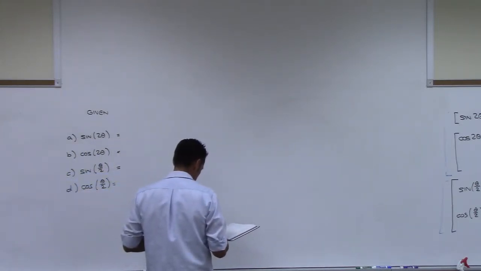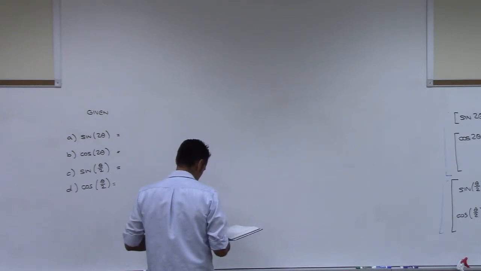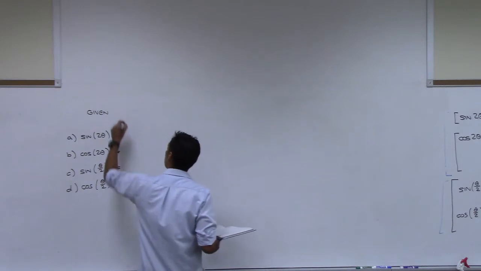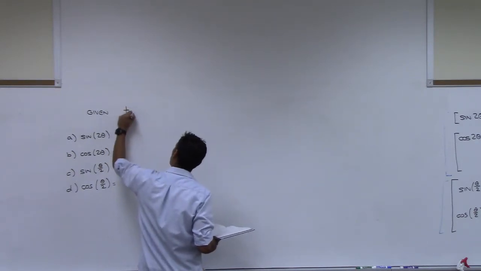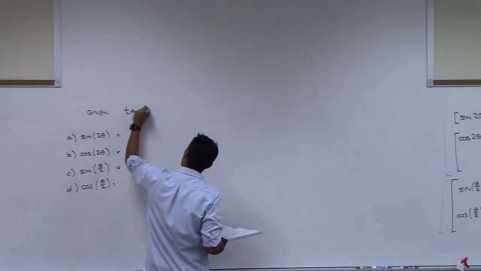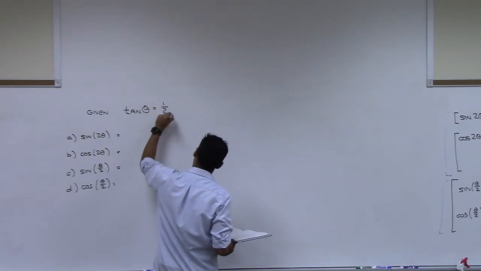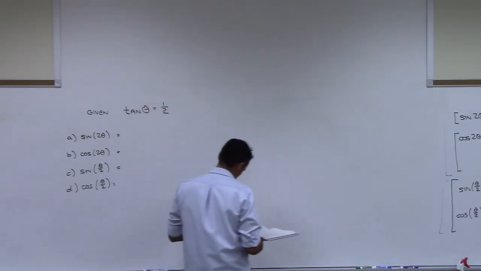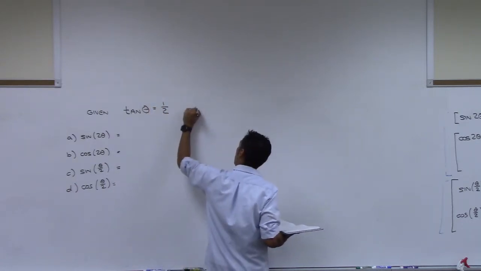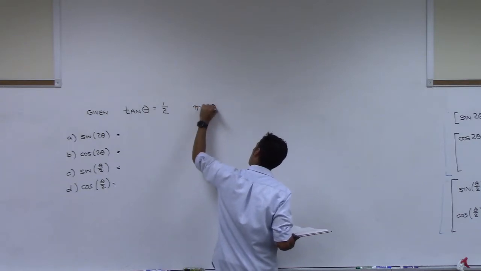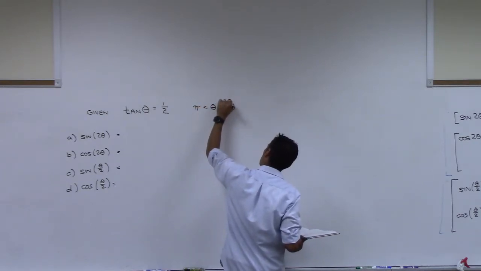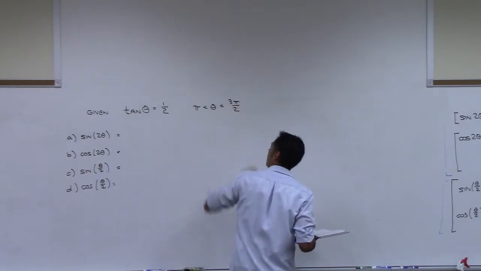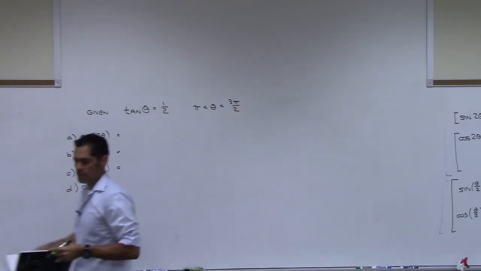Given that tangent theta is a half and pi is less than theta is less than 3 pi over 2. Find those 4 things.